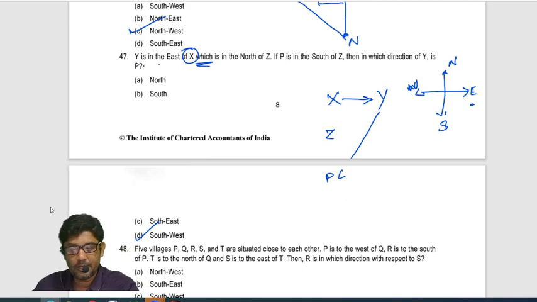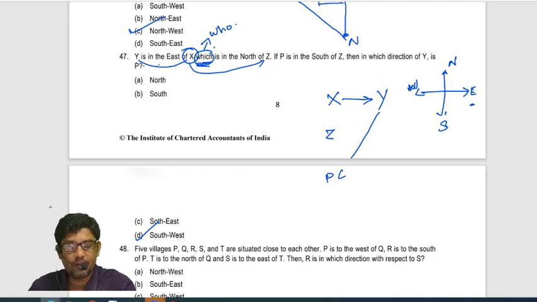To explain those sentences, when which and who come in, Y is east of X and X is north of Z. This way we have to split.